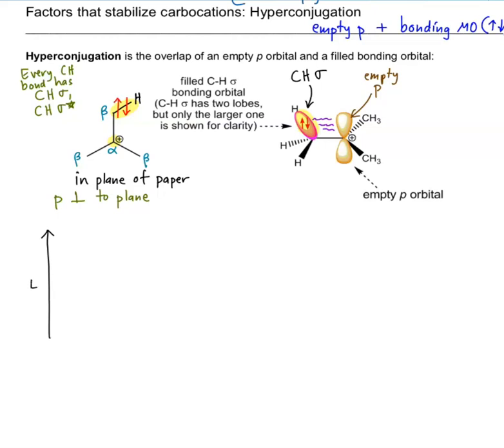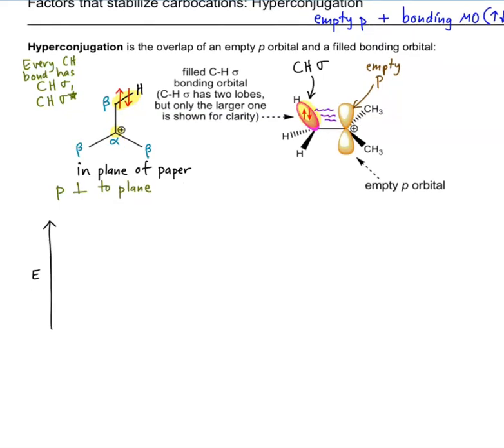So let's draw a little energy diagram. And so here is the CH sigma orbital. That has a pair of electrons. And then over here is the empty p orbital. When orbitals interact, they mix. They mix in phase and out of phase.